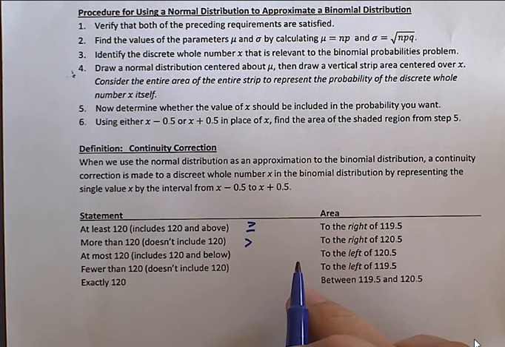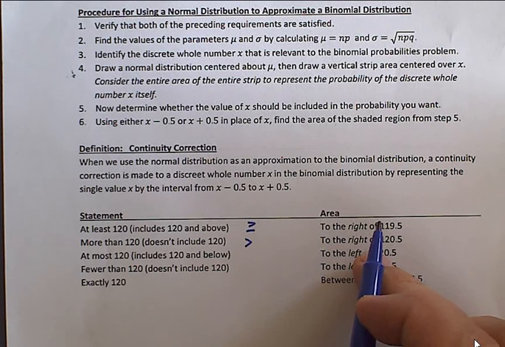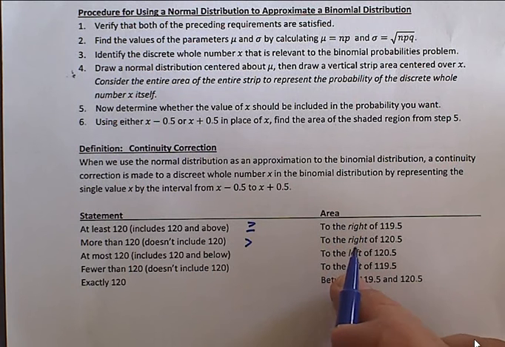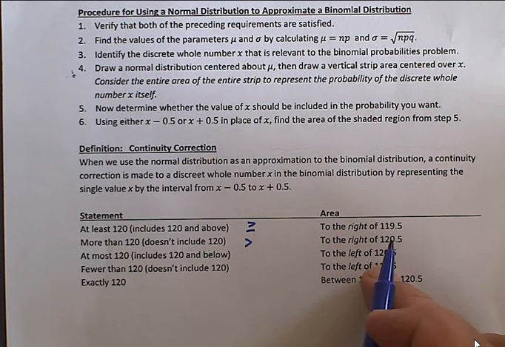So we're going to go 0.5 away from 120. So we're including a little bit extra to take care of the actual value, the equal sign. On the next part where it's only greater than, we don't need to worry about the equals part. So we're going to go 0.5 in the direction of the shading.